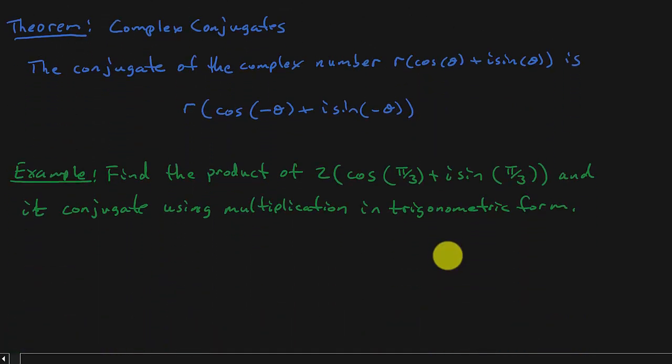All right, so here we have a theorem, complex conjugate. So the conjugate of the complex number r cosine theta plus i sine theta is r cosine negative theta plus i sine negative theta.